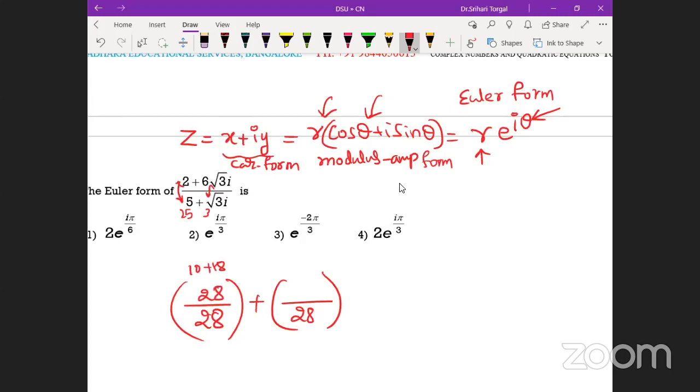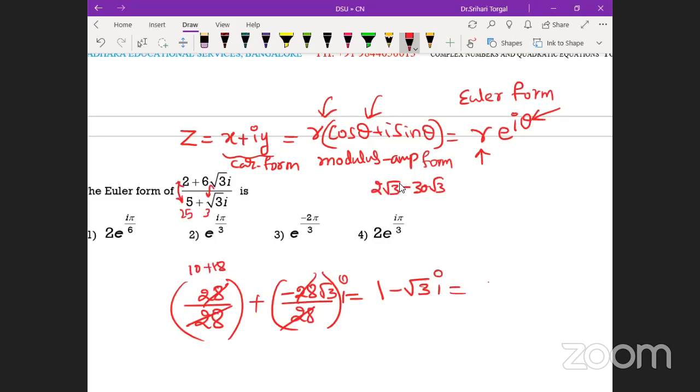After that, calculate the determinant and change the sign. 2 root 3 minus 30 root 3. What is that answer? Minus 28 root 3. Cancel. What is the remaining term? 1 minus root 3i.